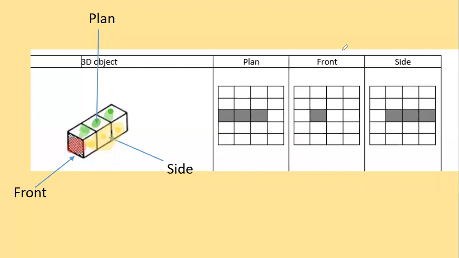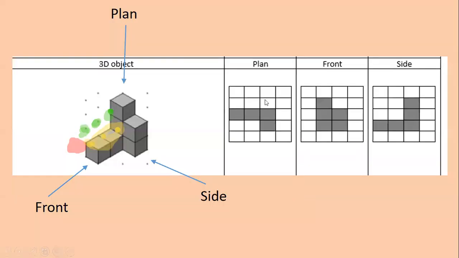Okay, let's have a quick look at one slightly more complicated example. Okay, so this 3D shape here is slightly more complicated. So if we were to look at the plan of this shape, if we were to look down from the top, we'd be able to see that one, that one, that one, and that one.